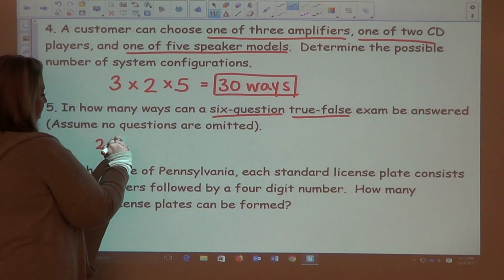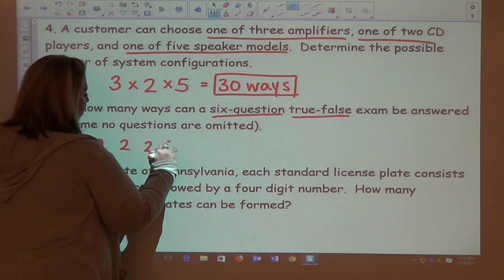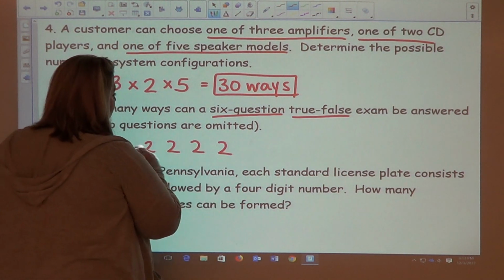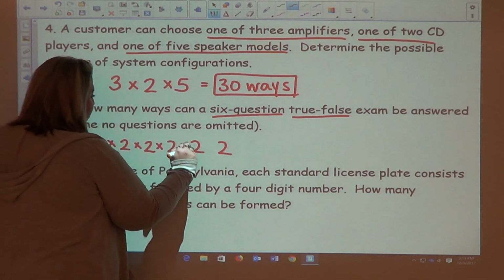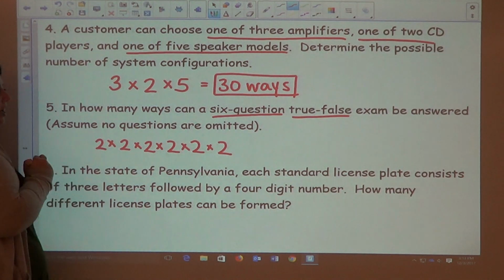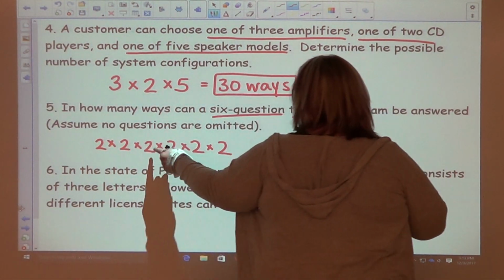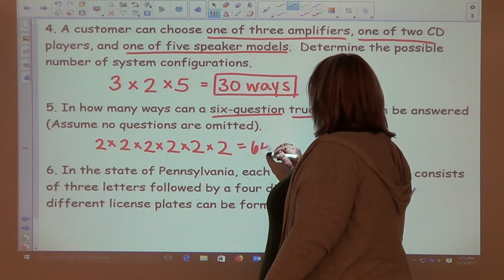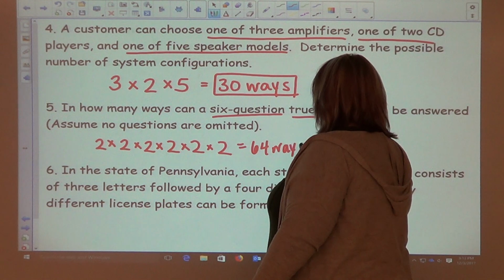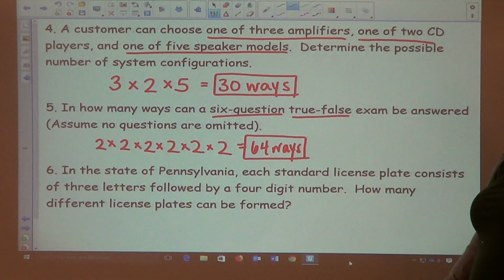For the second question, I have 2 options. For the third, I have 2 options. 4th, 5th, 6th. There's 6 questions. You multiply those all together, and that's how many different possibilities you could have. So 2 times 2 times 2 times 2 times 2 times 2. So there's 64 different ways you could answer a 6-question true or false exam.